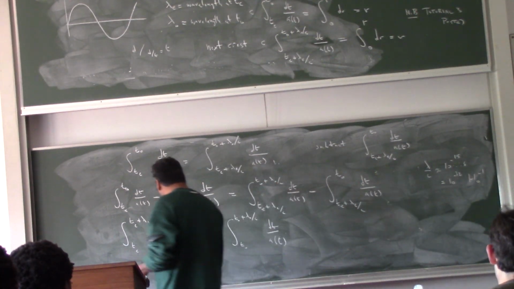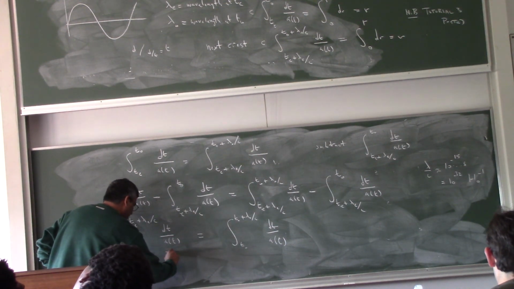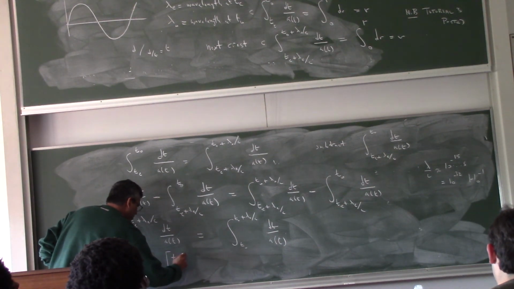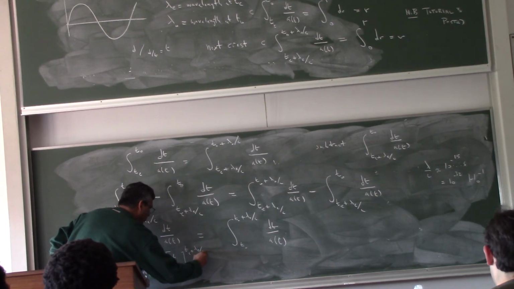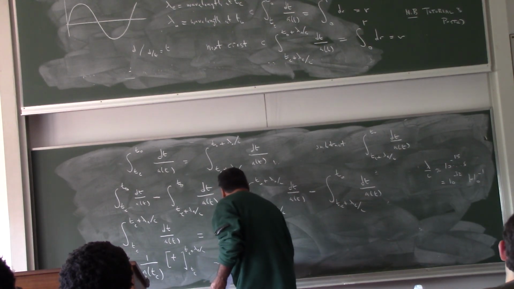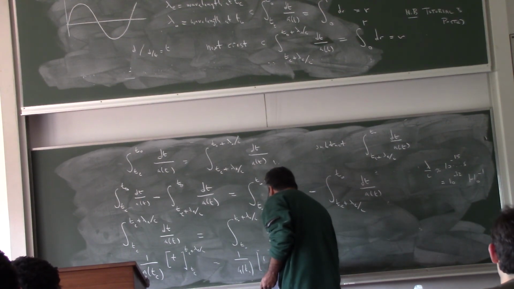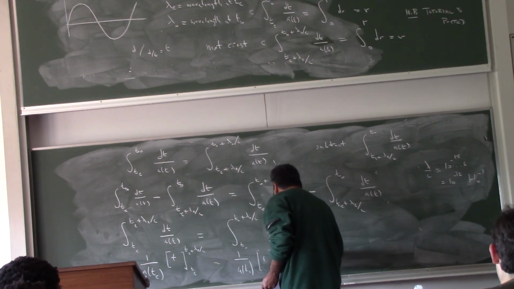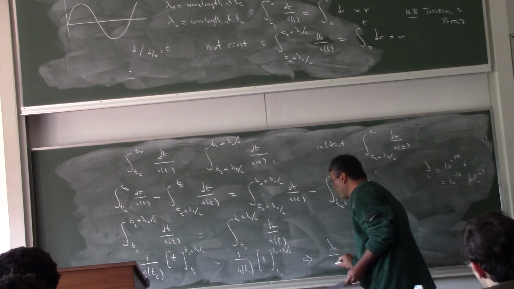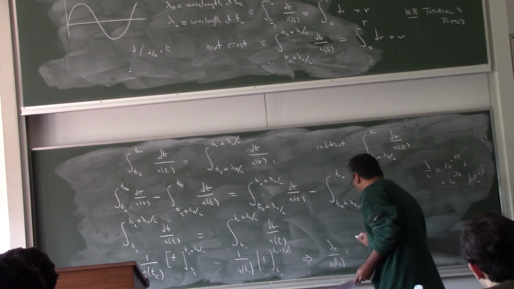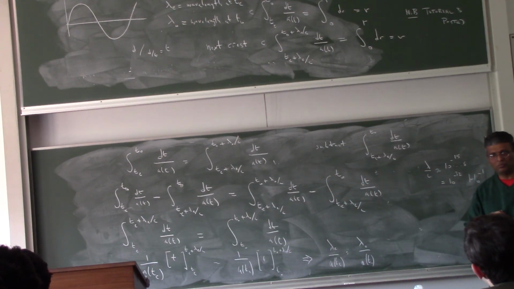So then we have 1 over a of t_e, t evaluated from t_e to t_e plus lambda e over c, equals 1 over a of t_0, t evaluated from t_0 to t_0 plus lambda 0 over c, which tells us that lambda e over a of t_e equals lambda 0 over a of t_0. Okay?